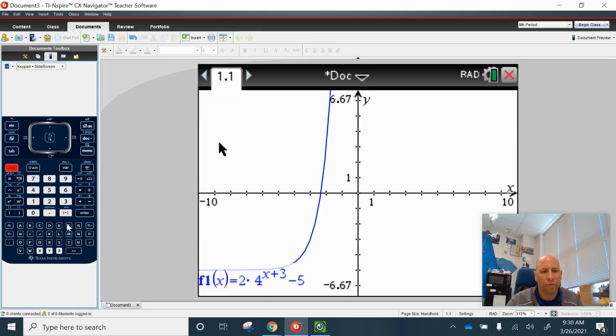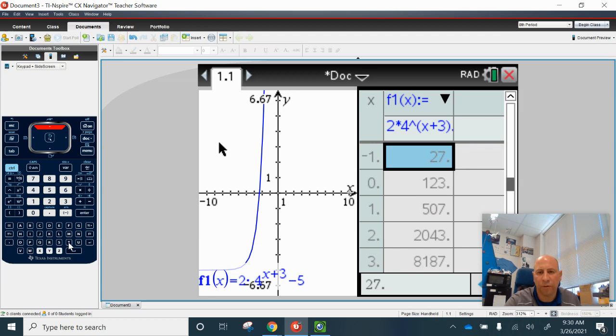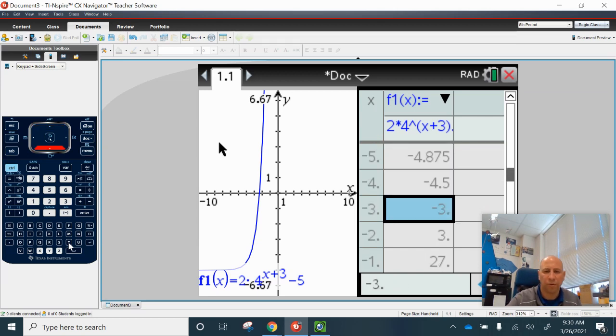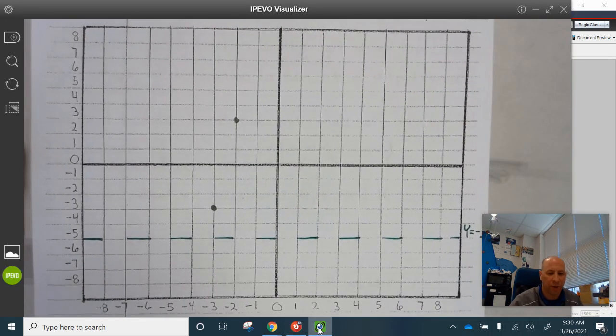We're going to press Control T, and we're going to look for points that we can use. Now, we probably don't want to use decimals, so we're going to start with the point negative 3, negative 3, and negative 2, 3. Okay? All right? So we have those points graphed.